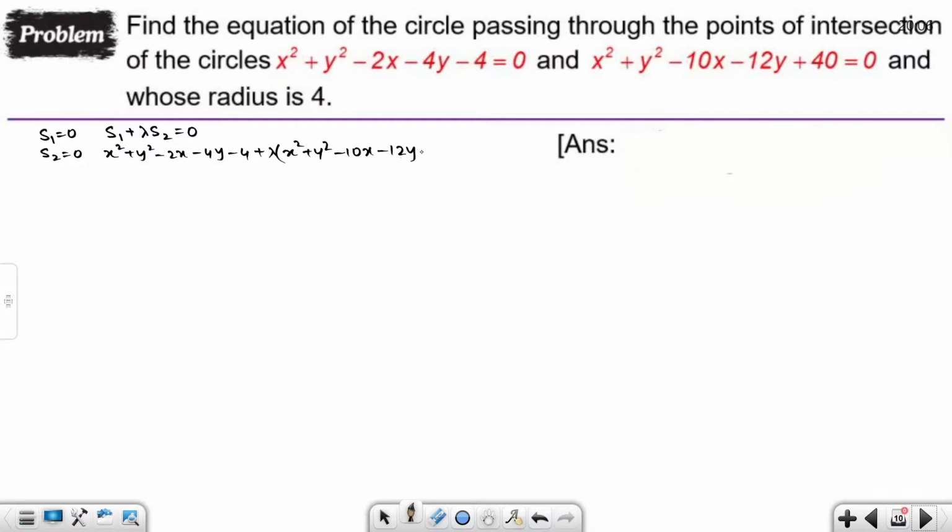So after getting this, let me just convert this in the general equation.